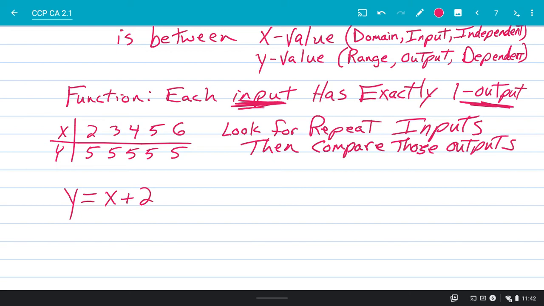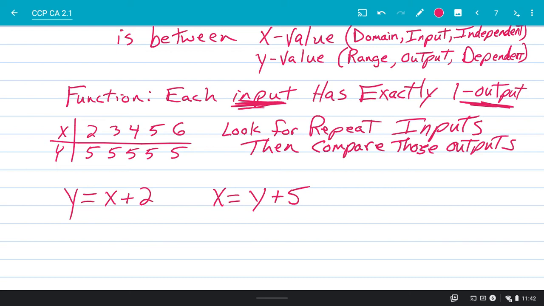Okay. Can anybody give me an example of an equation that's not a function? X equals y plus 5 is a function, but I like what you're thinking. Cole?